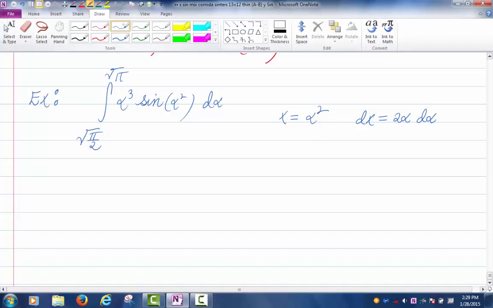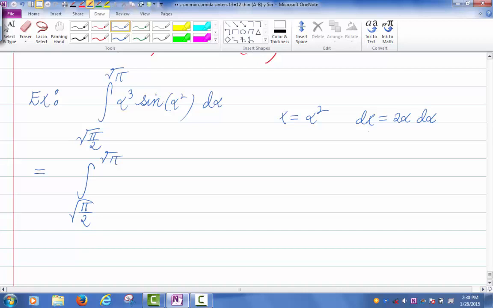So I want to make the substitution now. And so before I make the substitution, let me rewrite my integrand. So I get pi over 2 and root pi. And notice that if I want to write d alpha in terms of dx, I need a factor of 2 alpha, right? You see that?